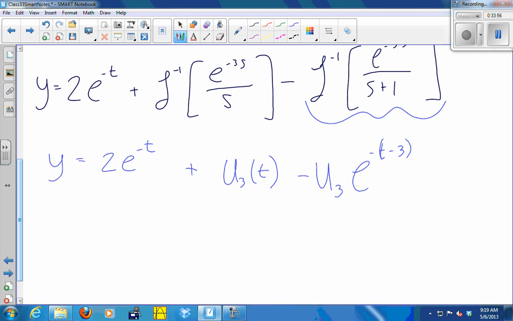Go ahead. When the denominator is just s, the inverse Laplace will always just be u. And which u, right? U sub 3, that comes from the exponent on my e. The u sub 3 in the second part, is that u sub 3 of t times e to the... Yes, yes.